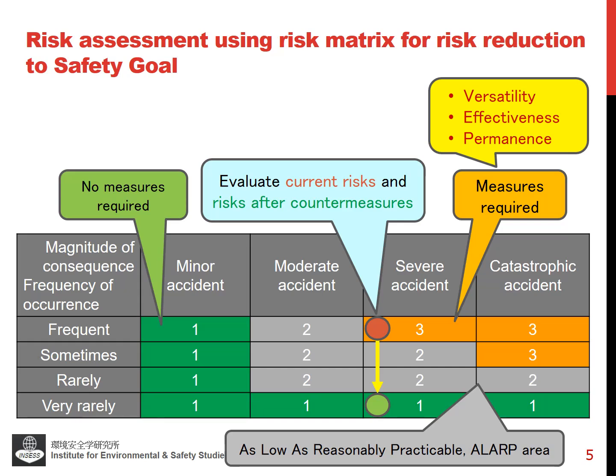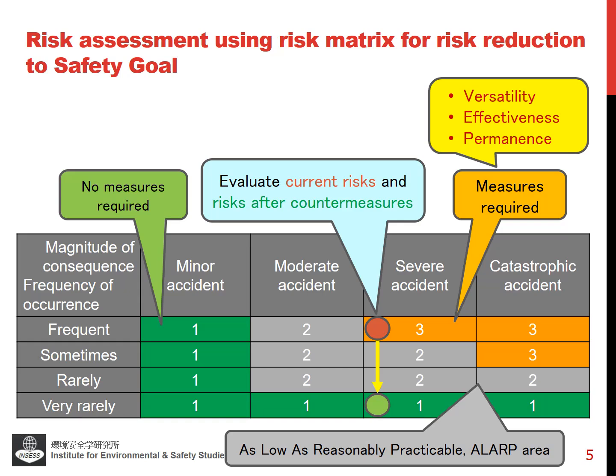The green area shows that the system is able to meet its safety objective. This means that no countermeasures are required in this green area. On the other hand, the orange area shows that the safety goal would not be met. It means that countermeasures are required in this orange area.